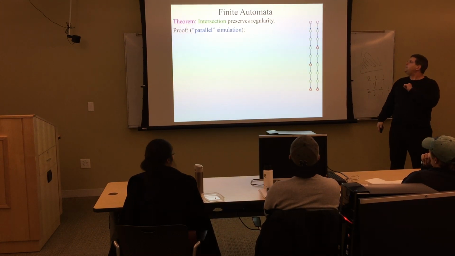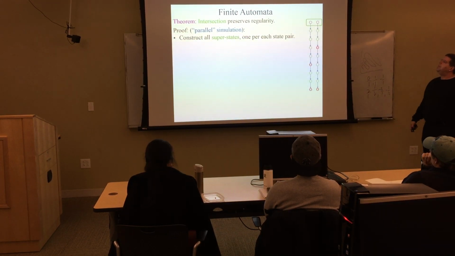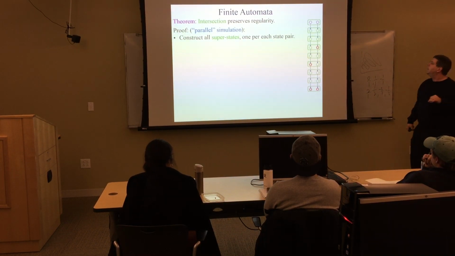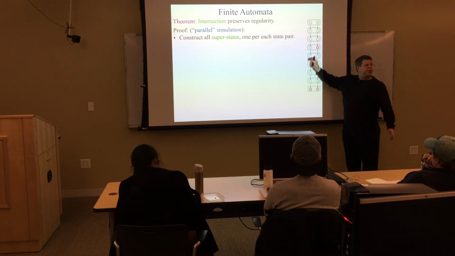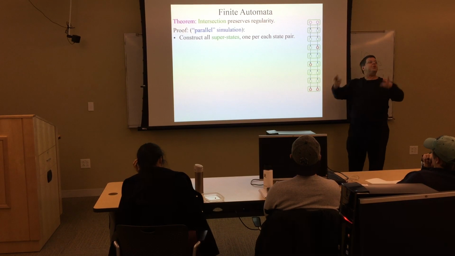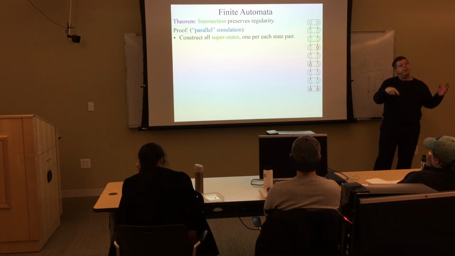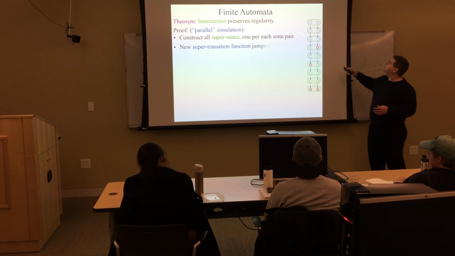Okay. Now I'm going to define a hybrid machine, a super machine that will have superstates, and the superstates of the new machine will be pairs of states, one coming from each of the two machines respectively. So each pair of states, one from each machine, will constitute a superstate in this bigger machine that I'm constructing for recognizing the intersection. And what is the transition function on these superstates?